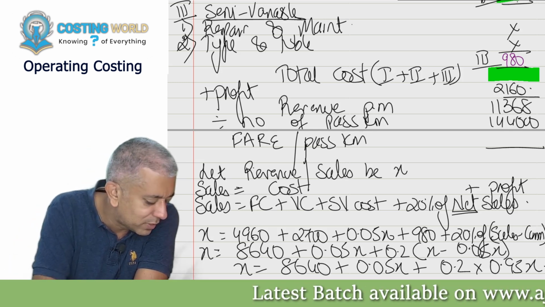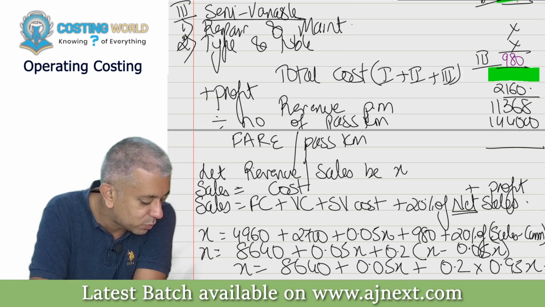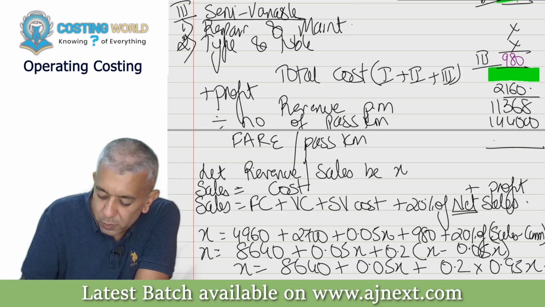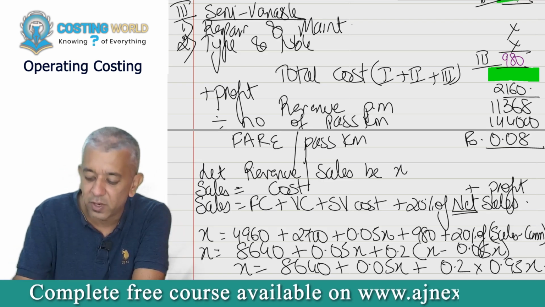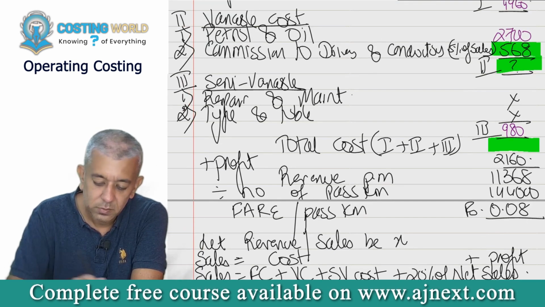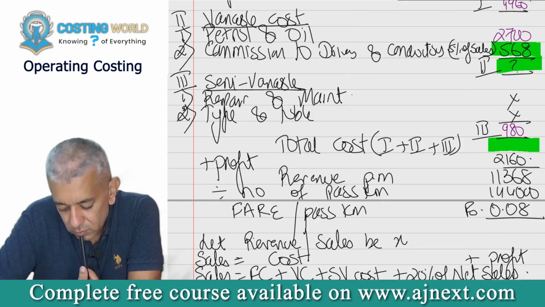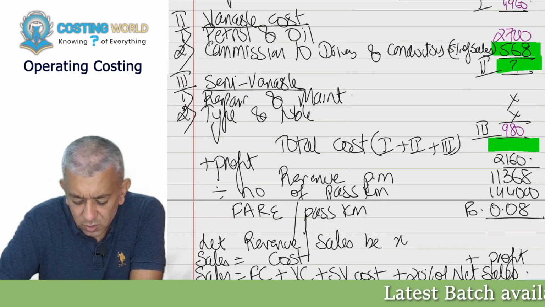So lastly, 11368 divided by 1,44,000. This will be giving you 0.08. I am rounding off up to 2 decimals. Just complete whatever I have told. Can you tell the value of sales? 11368, no?